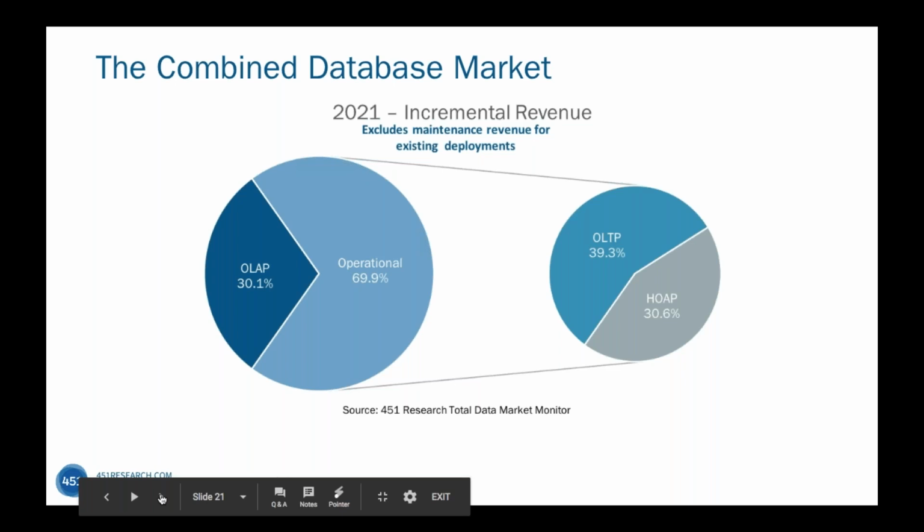There is still this separate requirement for OLAP, data warehousing, analytic database products and services. It's still about a third of the market, for longer term analytics projects, rather than this real-time analytic processing, which can be supported by HOAP.